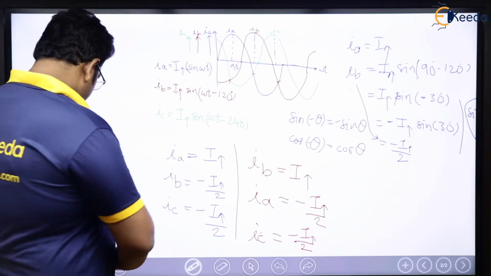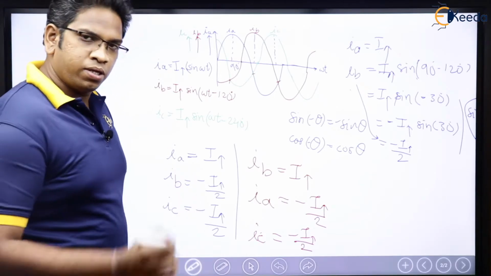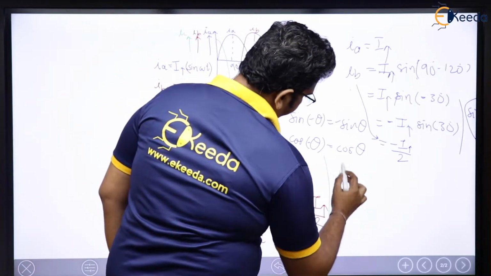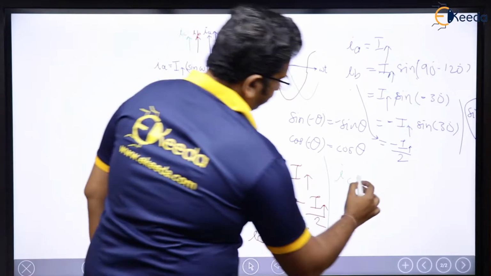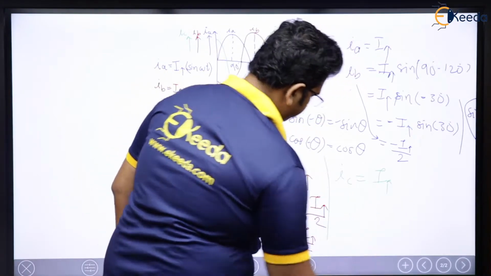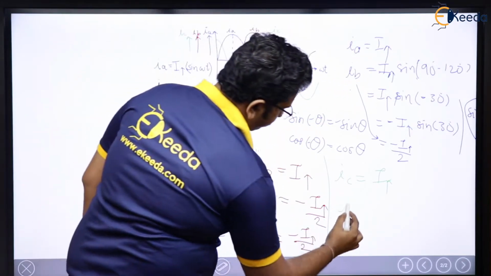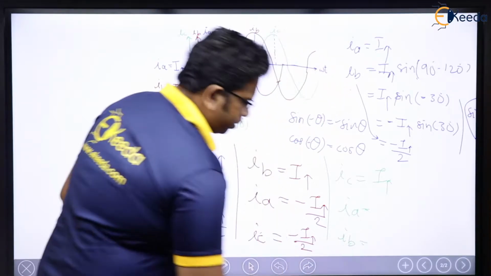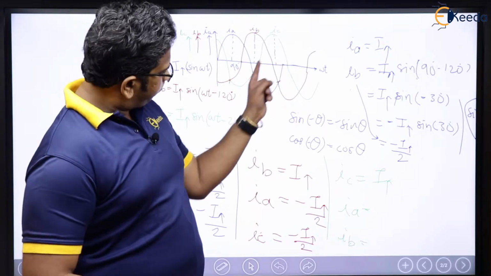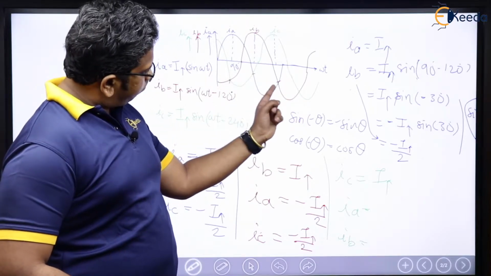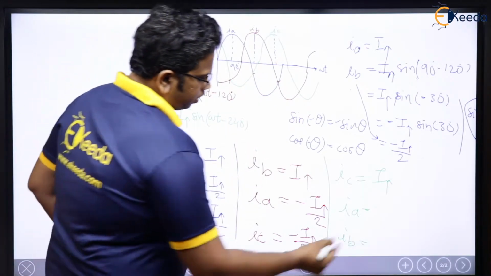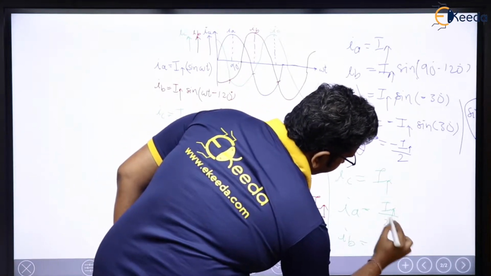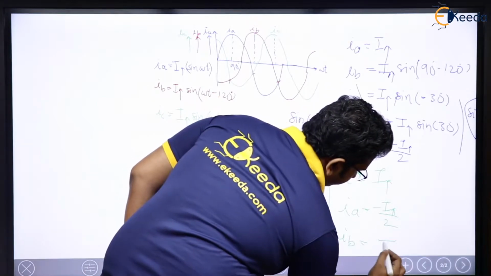Now, let us do the same for C. When IC is I max, then IA and IB will be half of negative maximum.